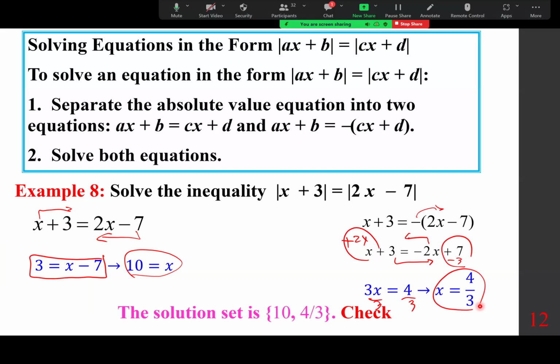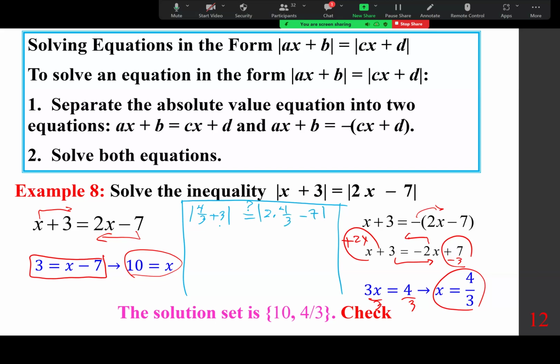As always, you should check. Checking takes place with the original. And I'm going to check one of them. So I can check 4/3. So if I put absolute value of x, which is 4/3 plus 3, and I'm going to put a question mark on top of the equality sign because I'm checking 2 times 4/3 minus 7.